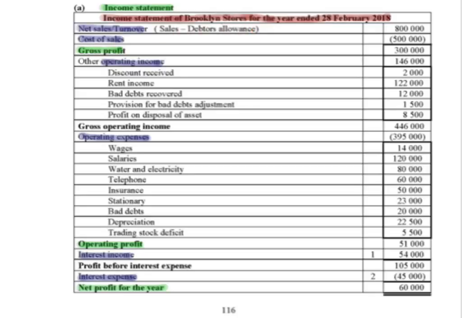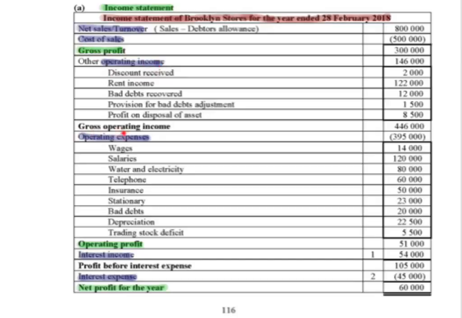Then our gross profit plus any other incomes. You can list any income that can add to your gross profit, but it would not be your interest income, because interest income is right at the bottom of the statement. That gives you your gross operating income, so that's your gross profit plus your other operating income.